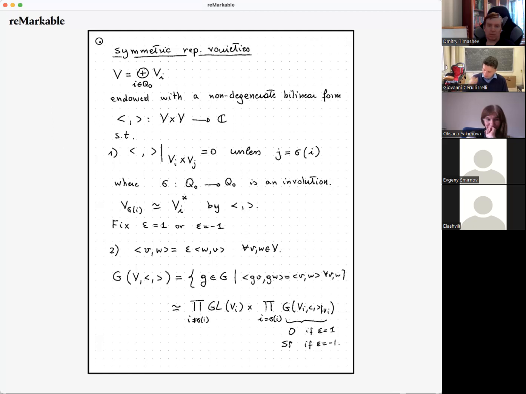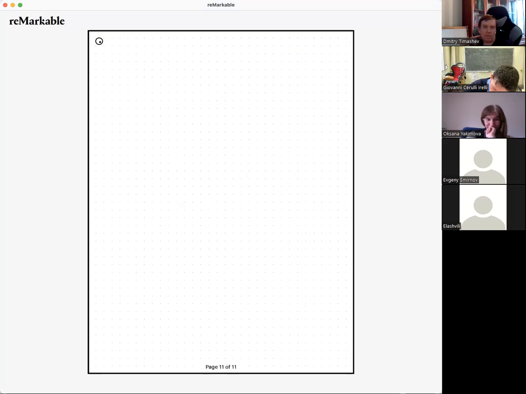Okay. So we have a group, and then we need a variety to act on. Of course, recall R to be the representation variety.